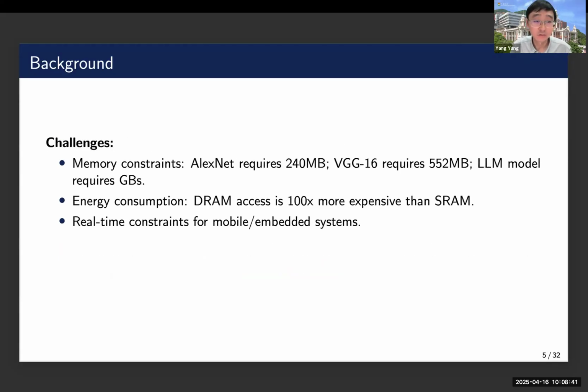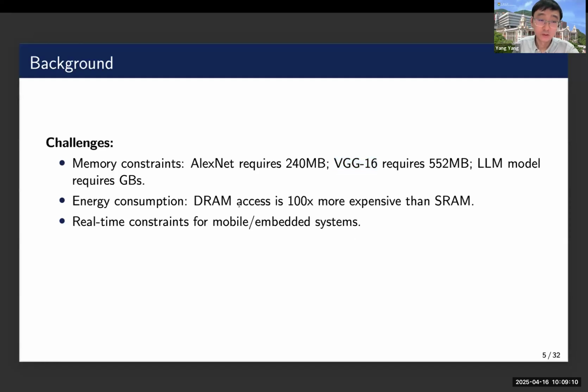The challenge of compressing a large model is memory constraints. From 10 years ago, an image model, AlexNet, can require up to 200 megabytes, and another, the VGG model, can require up to half a gigabyte. A large language model nowadays can require more than 500 gigabytes, or even more.